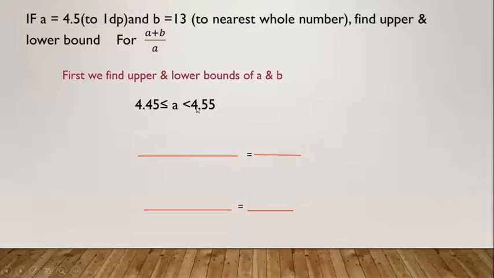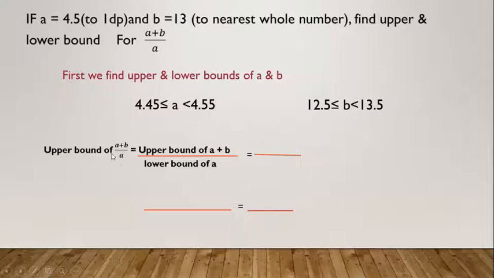We have already learned in the previous slide how to find the upper and lower bounds for decimals. Then the lower bound for B is 12.5 and the upper bound for B is 13.5.